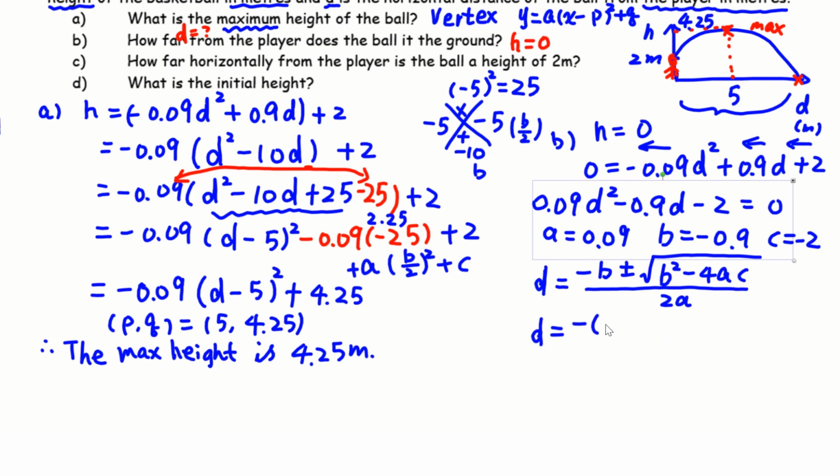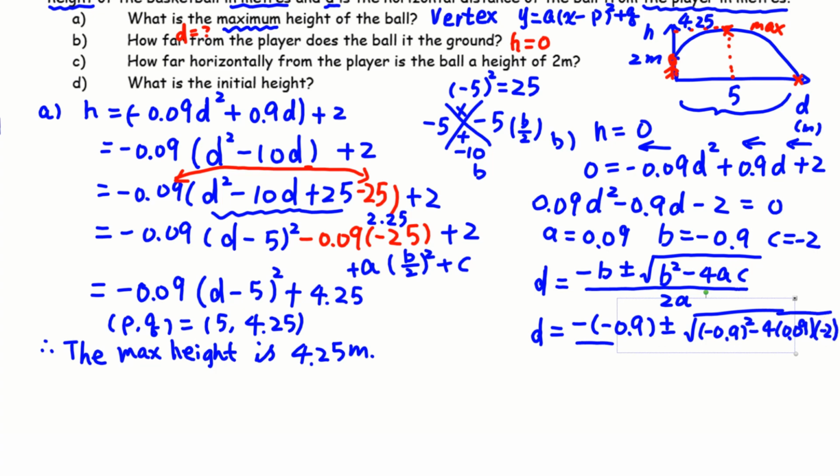negative bracket, negative 0.9 bracket plus minus square root, negative 0.9 bracket squared, minus 4 times 0.09, then times negative 2, all over 2 times 0.09.